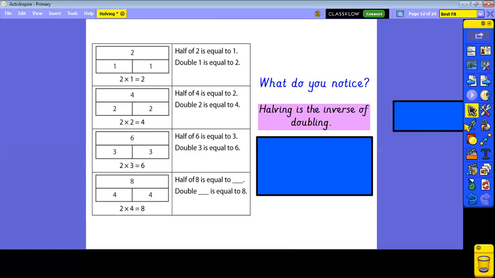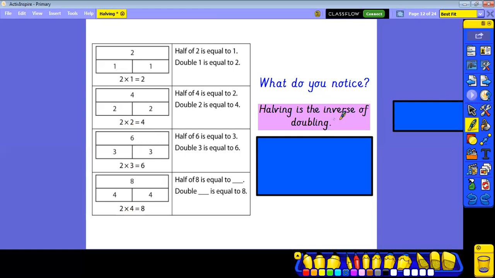Now we've come across this word inverse before. So the inverse means the opposite. Well done. So for example, subtraction is the inverse of addition. Division is the inverse of multiplication. So now halving is the inverse of doubling. So what that means is it's the opposite process.